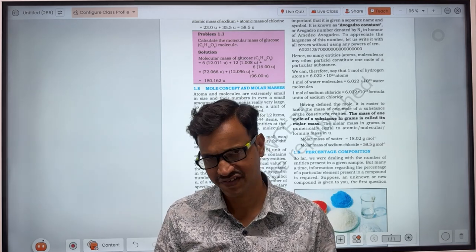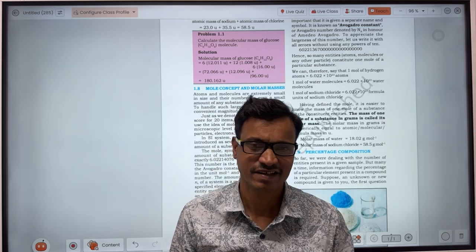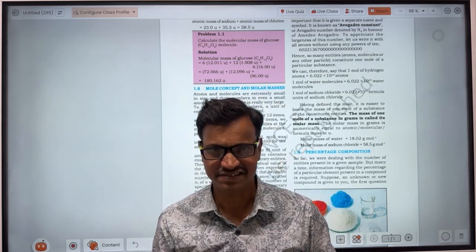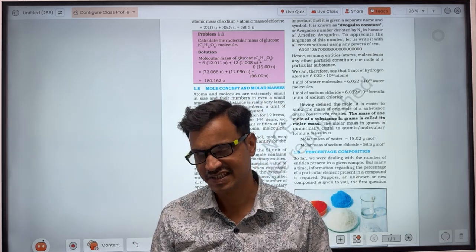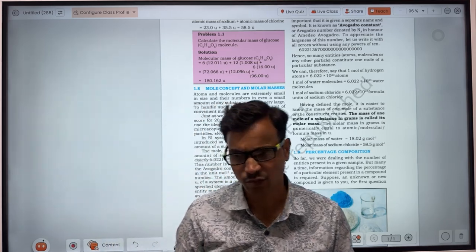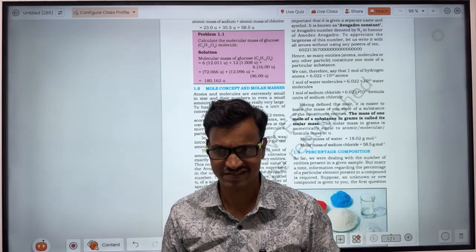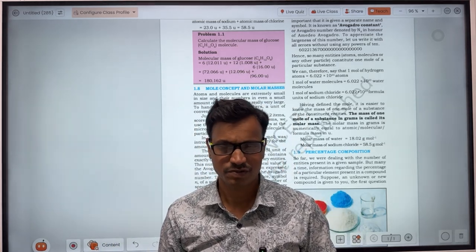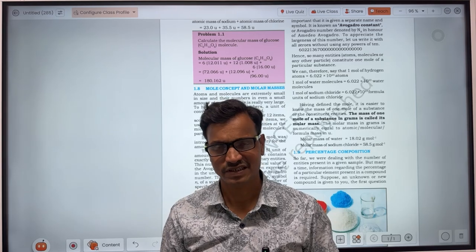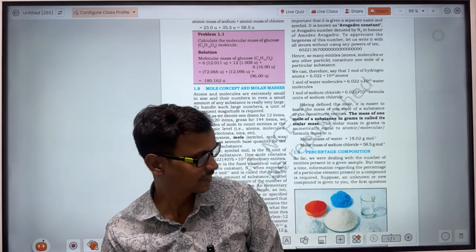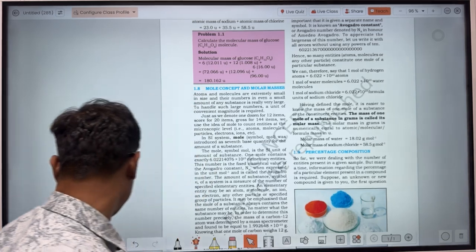The molar mass of S8 means molecular mass of S8, sulfur. In the same way, if molar mass of phosphorus is given, that means P4. So the molar mass of P4 will be equal to its molecular weight. Same as for oxygen.